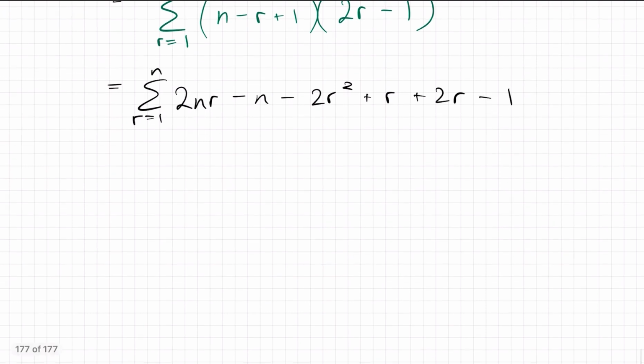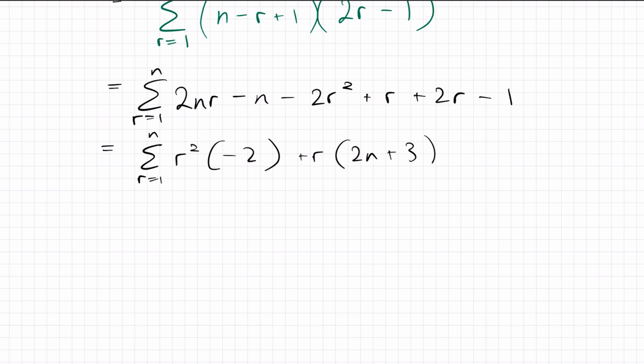And now let's simplify and put everything in brackets of r. So r squared, that's going to be minus 2, plus r is going to be 2n plus 3. And then we have the constant term, which is just going to be minus n minus 1. Like that. Pretty simple. Okay.